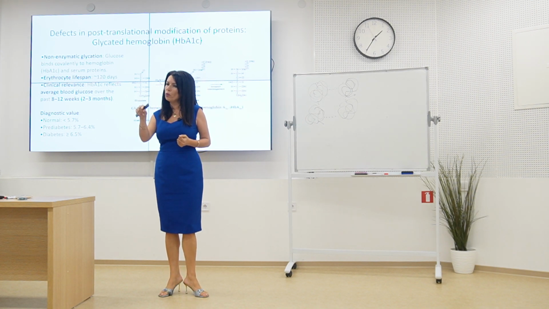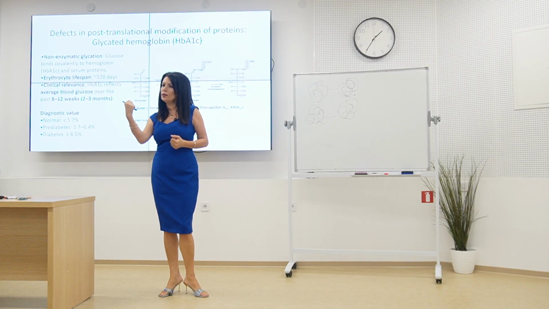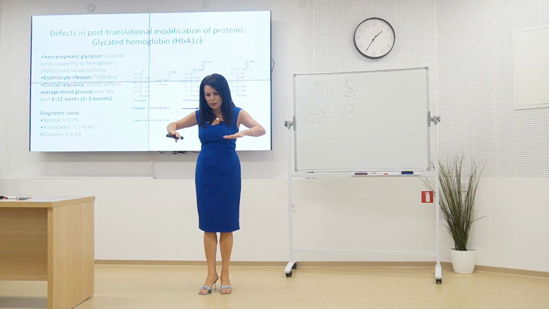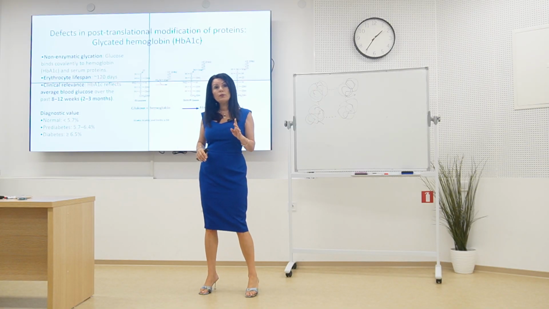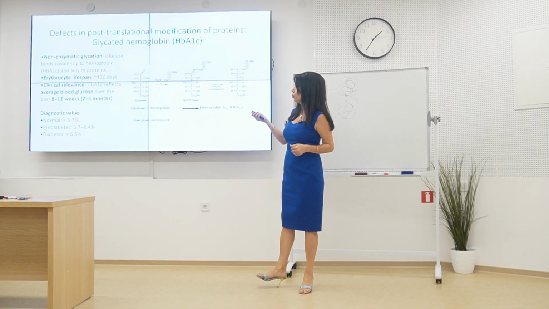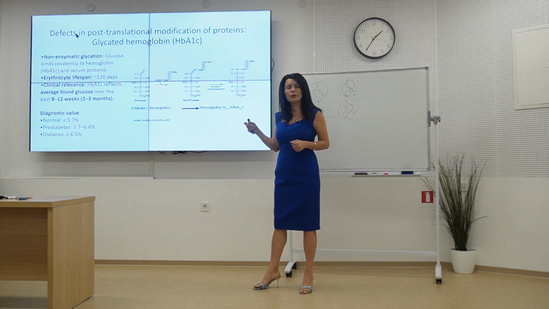And this hemoglobin can go out of the erythrocytes and can be found directly in the blood, alone. Exactly this hemoglobin can be glycated non-enzymatically, which means spontaneously, without any enzymes.